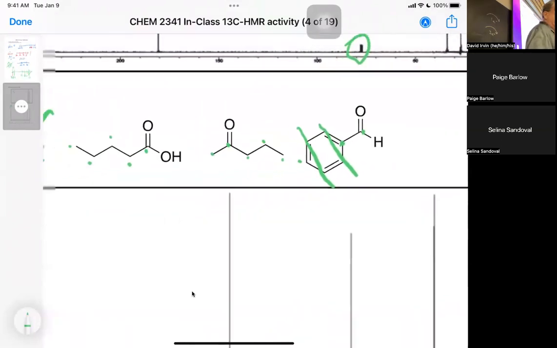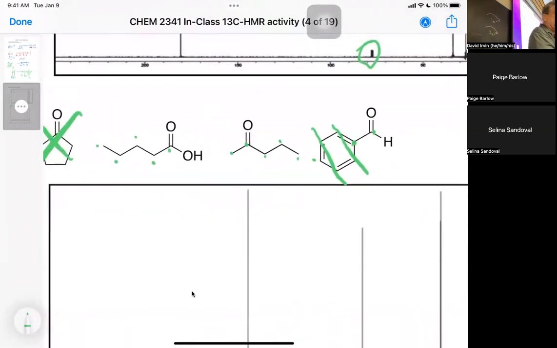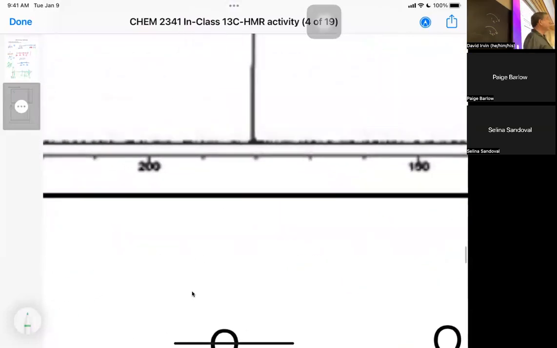Okay. So let's look at shift then. Where is this carbonyl going to be based on shift? It's got a carbonyl with a hydrogen on it, so it's an aldehyde, and aldehydes and ketones are above 180. Okay. So where is our thing? All right, at 180.